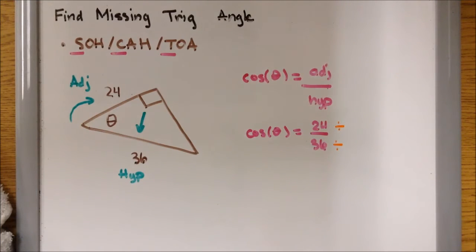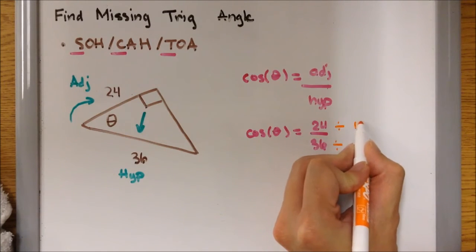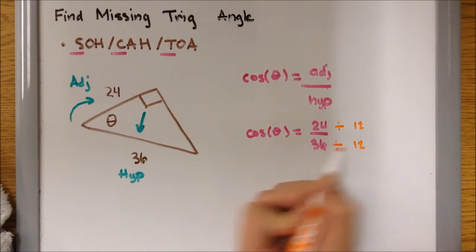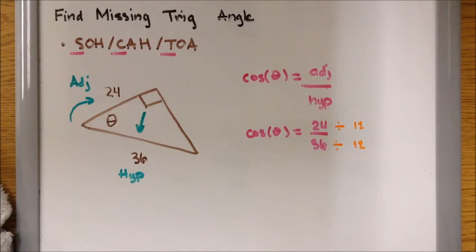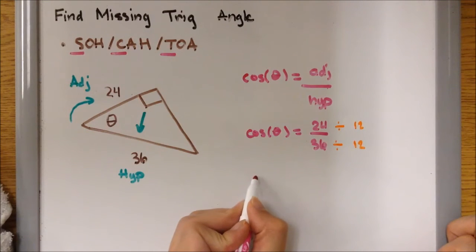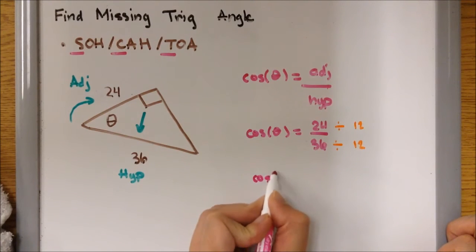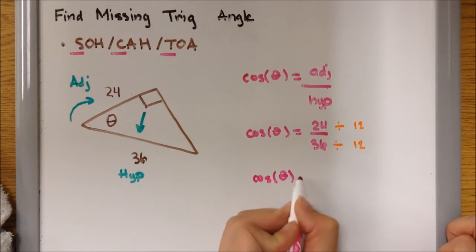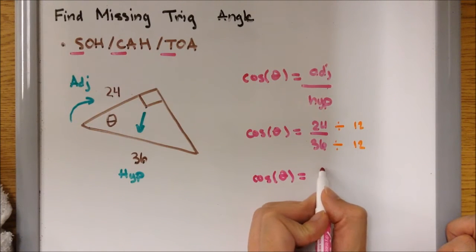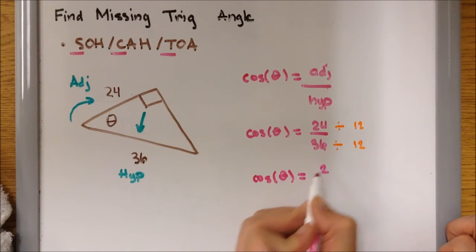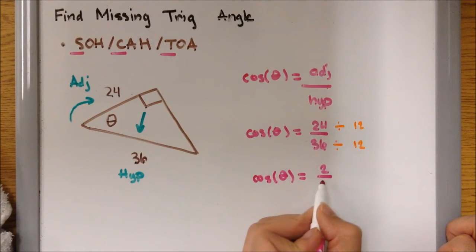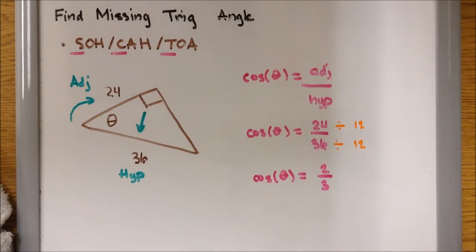Or besides 6, we can use 12 because 12 can go in 24 and 12 can go in 36. So I'm going to divide top and bottom by 12. So cosine theta is equal to 24 divided by 12, that's 2 on the top. 36 divided by 12, that's 3 on the bottom.